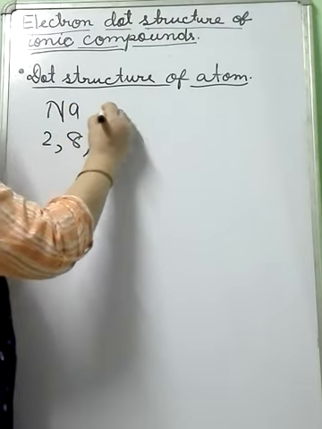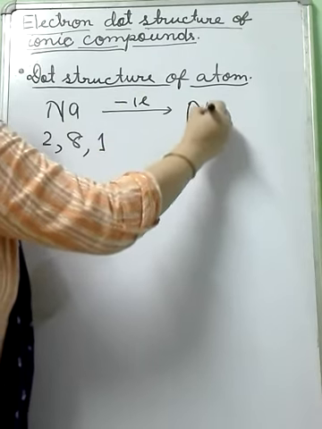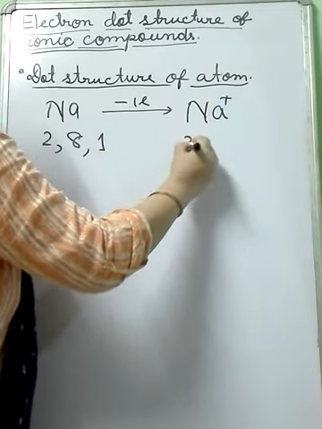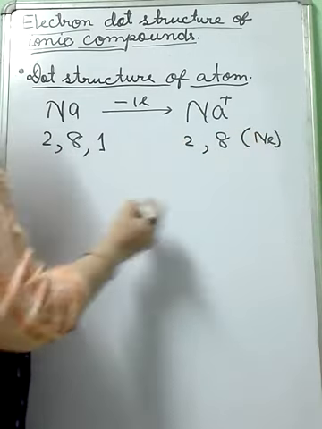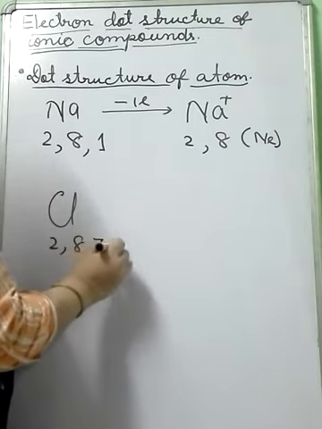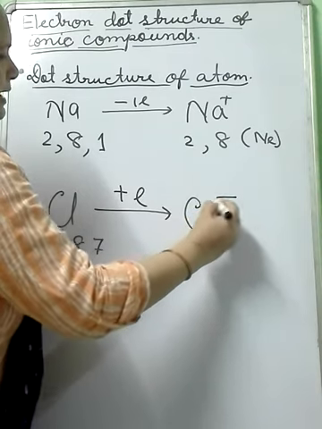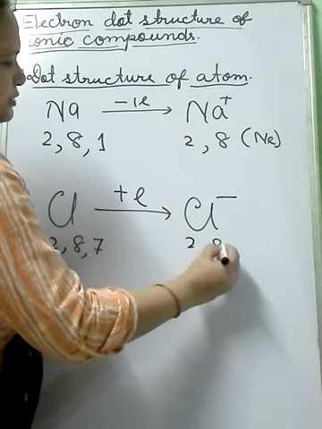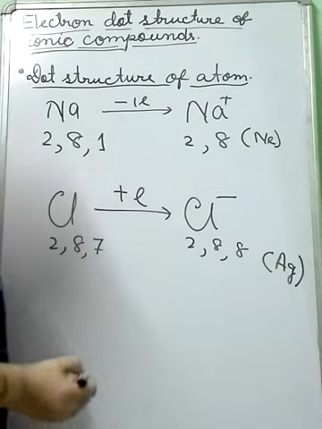Its tendency is to donate one electron and form sodium cation to get the nearest inert gas configuration of neon. Again, chlorine configuration is 2, 8, 7. Its tendency is to get the nearest inert gas configuration of argon. So it will accept the electron. As a result, it will form the anion with configuration 2, 8, 8, which is the same configuration as argon.